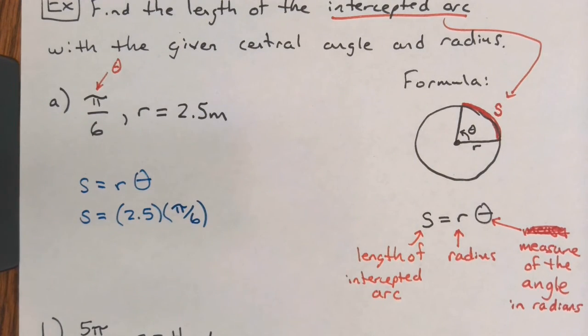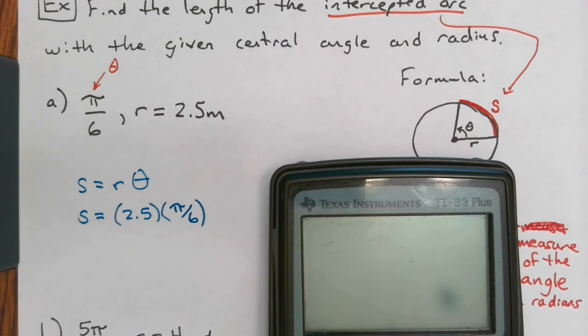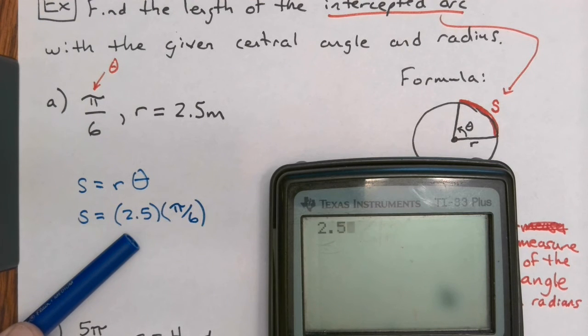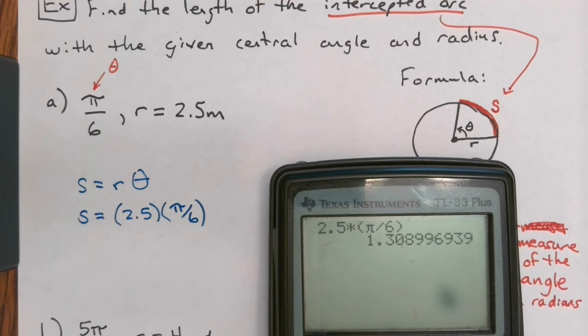We are going to plug this into our calculator and then round it off to 1 decimal place. So I just want to do 2.5 times pi over 6, use the pi button for that, round that off to 1 decimal place.